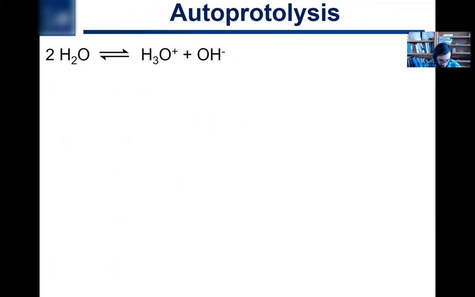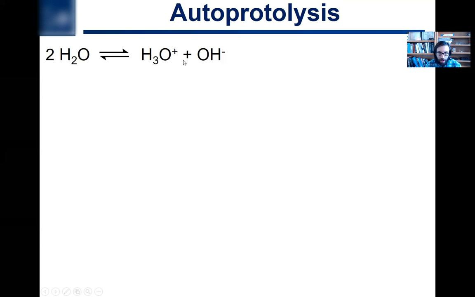One important property of any solvent that can support an acid or a base, Bronsted acids or bases at least, is that they undergo what's called autoprotolysis. A little bit hard to say. And that is the idea that two water molecules will, these proton transfers are occurring on a very fast time scale, reaching equilibrium.